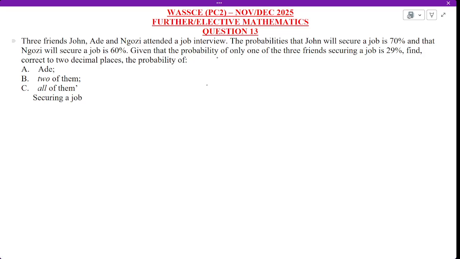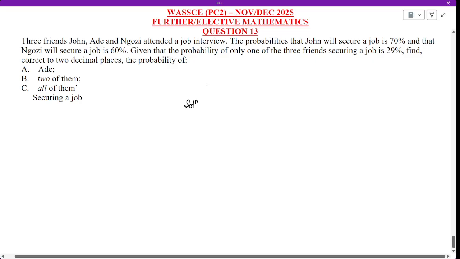Given that the probability of only one of the three friends securing a job is 29%, we are supposed to find, correct to two decimal places, the probability of A, Ade securing a job, B, two of them securing a job, and then C, all of them securing a job. So this is what we have for question number 13.